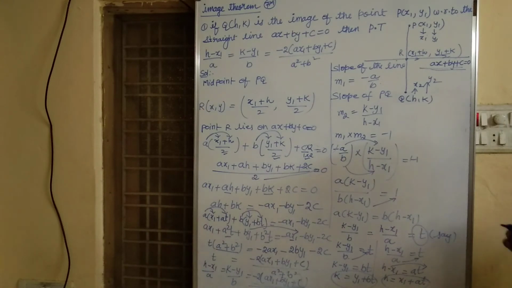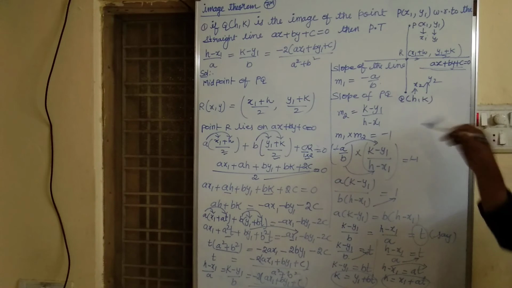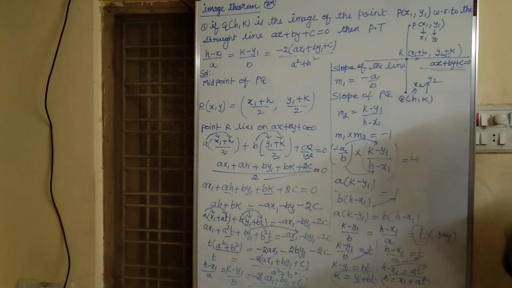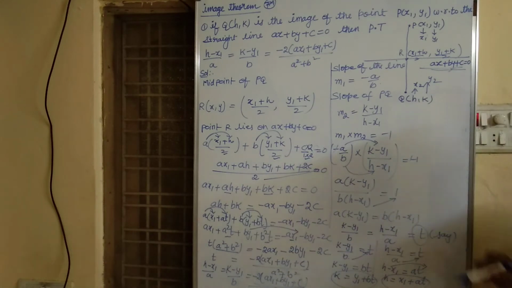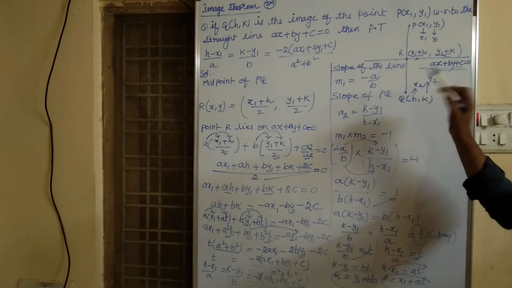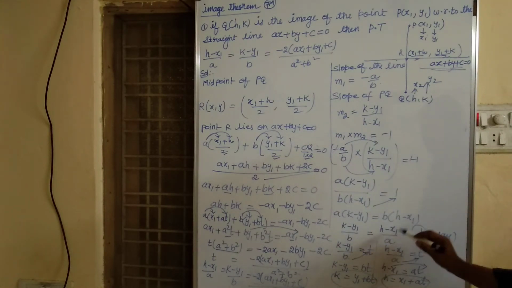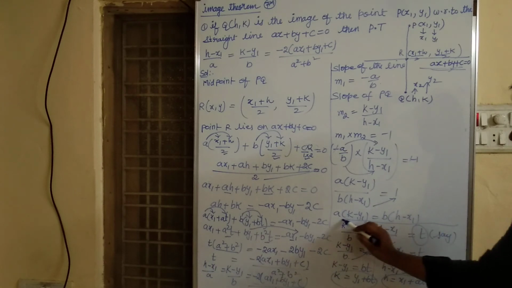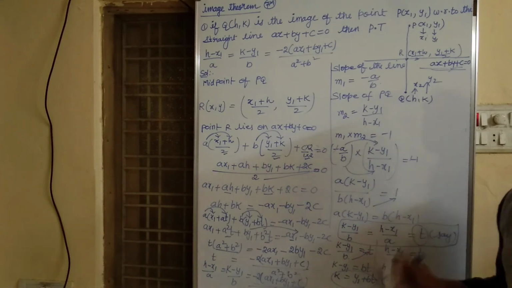Right? Here the thing is, we have to find the midpoint R that lies on ax plus by plus c. Then we have to find the slope of line ax plus by plus c equal to 0. Also we need to find the slope of line PQ, whose product is equal to minus 1. From that we will get this equation: k minus y1 by b equal to h minus x1 by a equal to t.